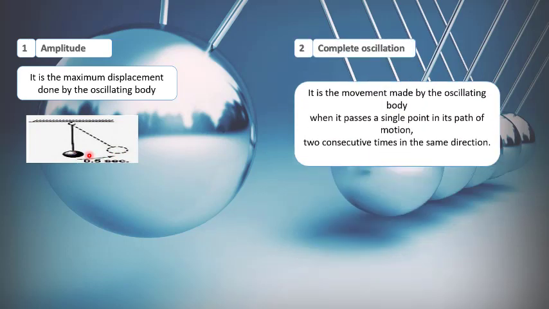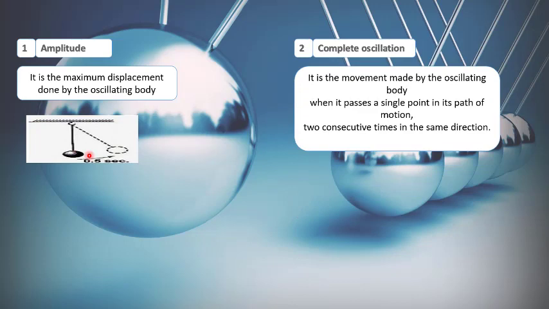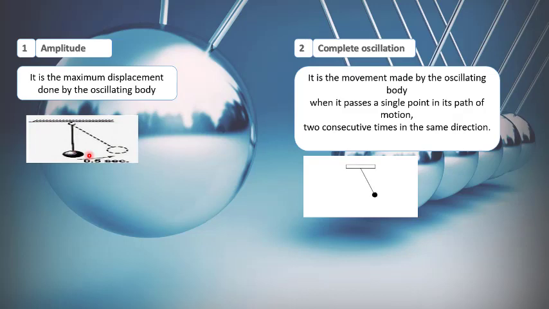Complete oscillation is the movement made by the oscillating body when it passes a single point in its path of motion two consecutive times in the same direction. Like we see here in the motion of the pendulum, it moves around its rest position two consecutive times or two successive times.